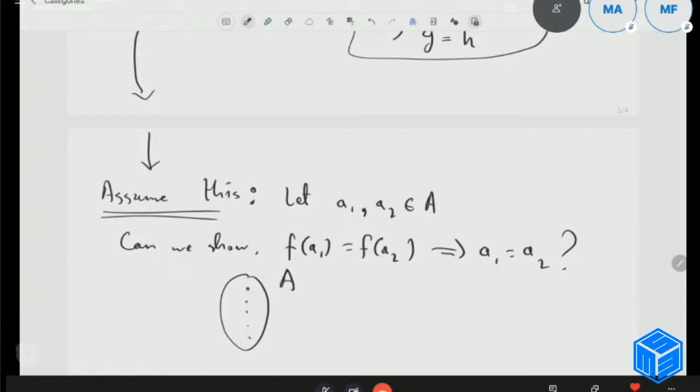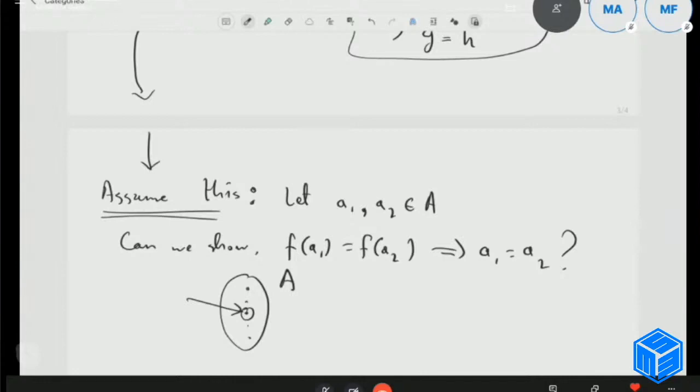And we want to point to this guy right over here with a function. Can we do that? The entire function, what it does is it points to that element. Well, we could define a function that takes every element in C and just gives it to that one point in A.